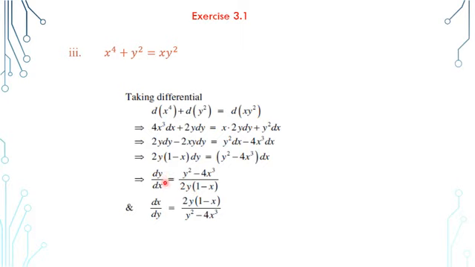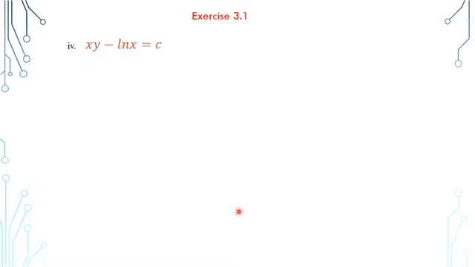We have dy by dx is equal to (y square minus 4x cube) over 2y into (1 minus x). And for the value of dx by dy, taking reciprocal on both sides, left hand side will become dx by dy and right hand side will be 2y (1 minus x) over (y square minus 4x cube).